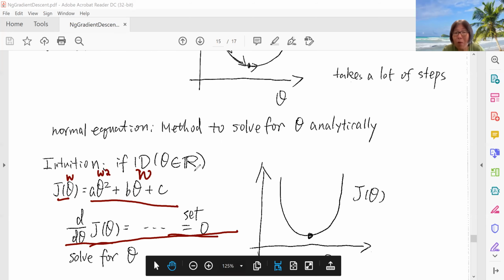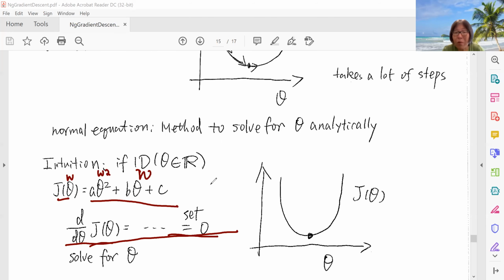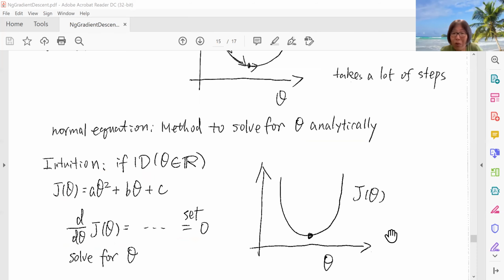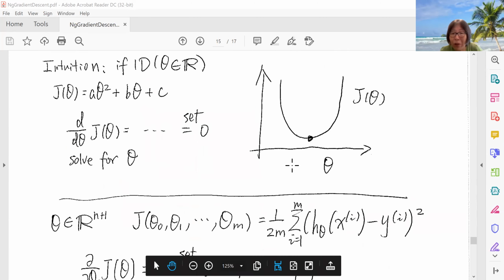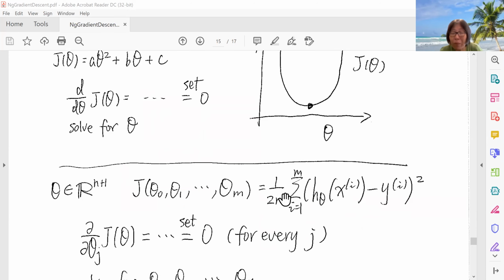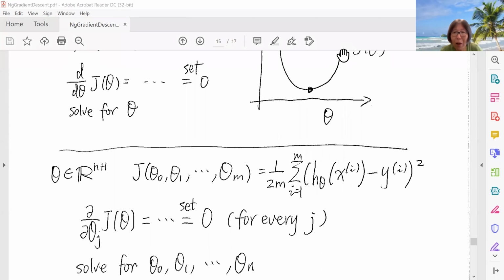If it involves multiple variables, then you need to solve simultaneous equations. So we can also analytically solve for W from math. Then the question is, why don't we use the analytical way? Why do we need to use gradient descent?